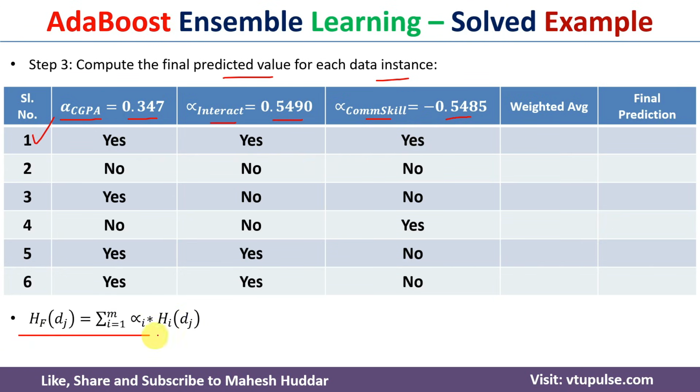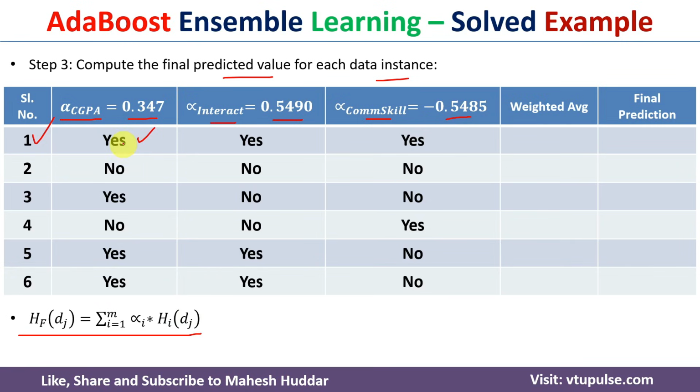Now we need to use this equation, that is final value for this jth instance is always equal to summation of i is equal to 1 to m here. That is the number of decision stumps. Alpha i, that is nothing but the weight for that weak classifier multiplied by the hypothesis, that is a classified value in this case.